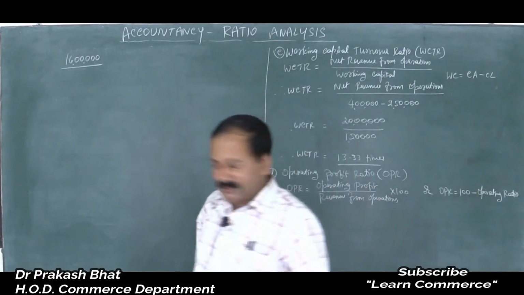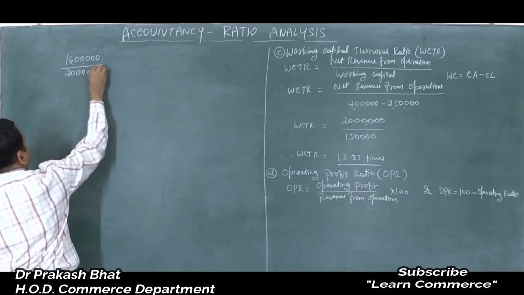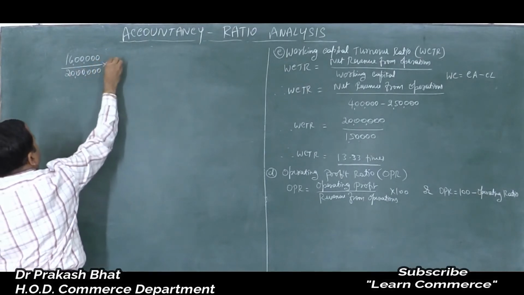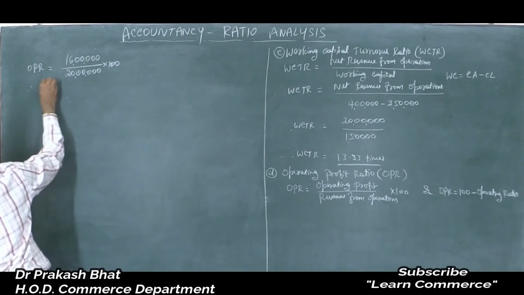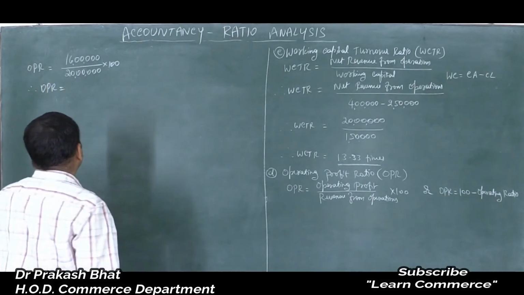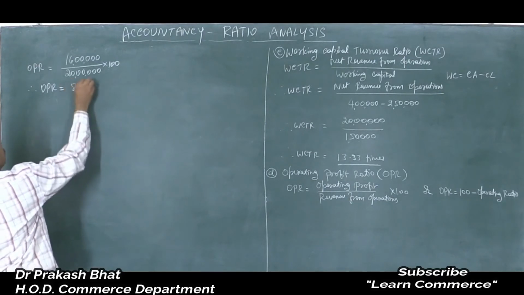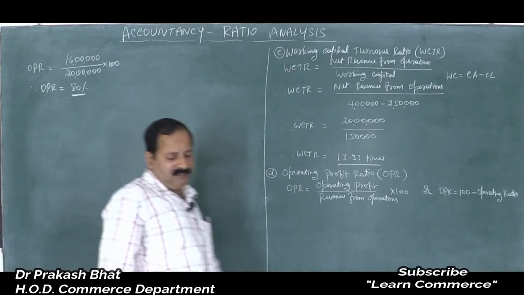Yes, it is 20 lakh into 100, that is OPR. Therefore, OPR is equal to, calculate now, I think it is 80%. Yes, it is. Fourth one is done.